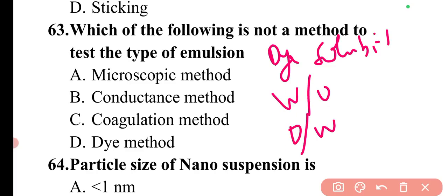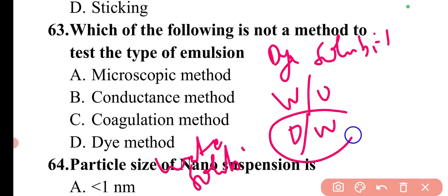In the dye test, if we are using a water soluble dye, then the water soluble dye will dissolve in the aqueous phase. This dye will dissolve here and it will not dissolve here. That way we can easily identify which one is an oil in water or water in oil type emulsion.